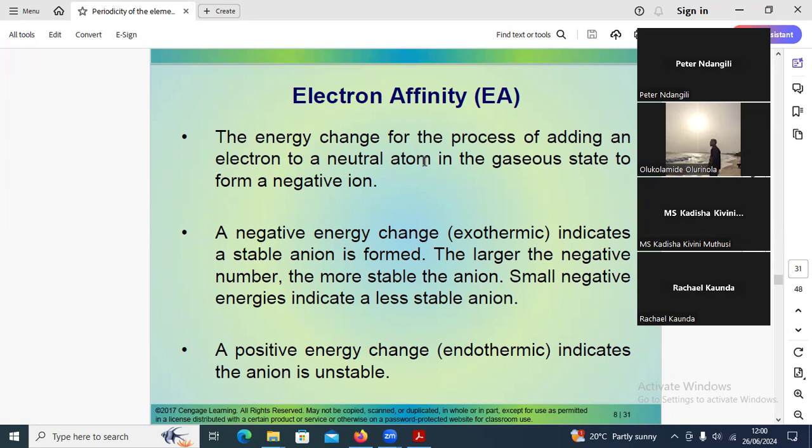And a negative species is commonly referred to as an anion. A small negative energy is going to indicate a less stable anion. And a positive energy change, which is endothermic, will show that the particular species is unstable. And therefore, we can evaluate it on the basis of the electron affinities.